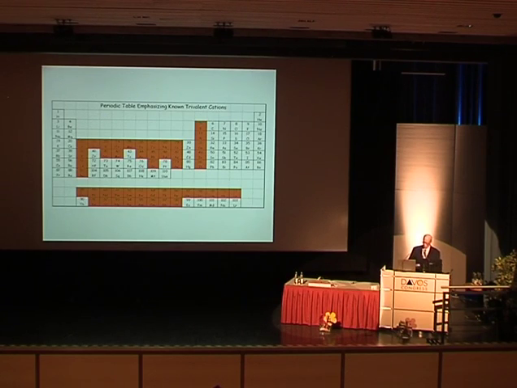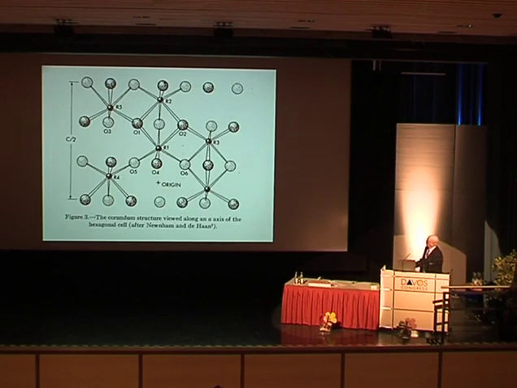Now I want to move to looking at trivalent cations. This is where we would have 2 trivalent cations in the ABX3 formula. And these red or orange squares are all ions that can occur in the trivalent state. And one structure that I've been interested in for many years is corundum.